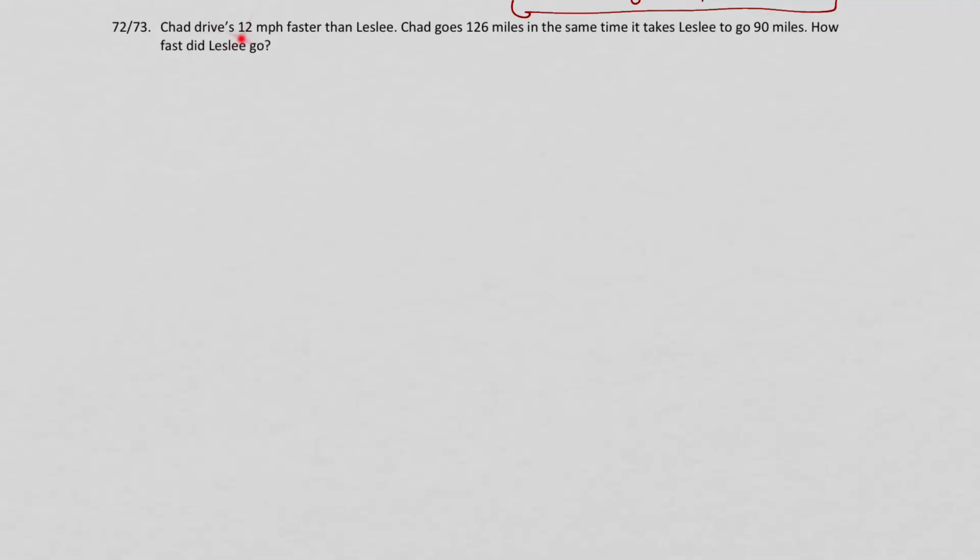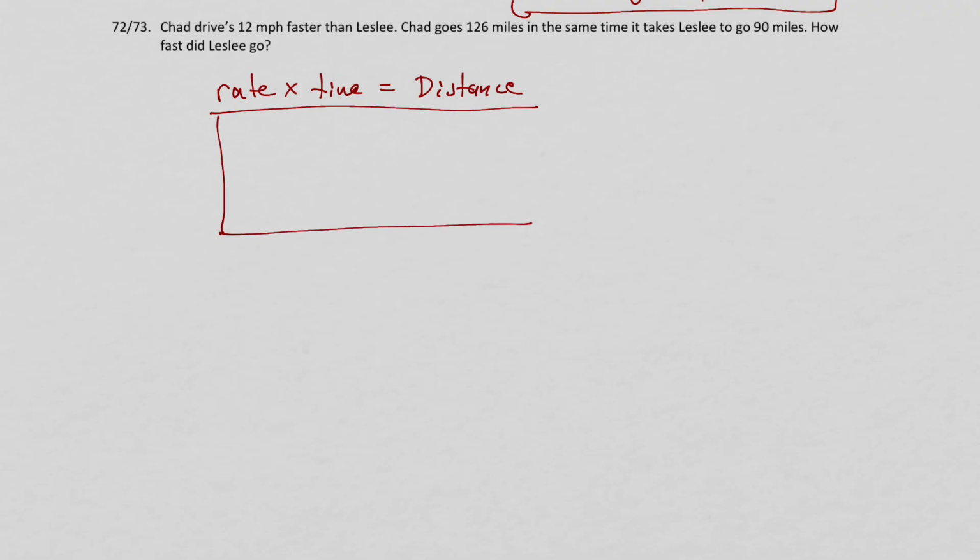Okay, so we have a rate times time equals distance problem. So I'm going to start there. Rate times time equals distance. And we have two people. We have Chad and Leslie.